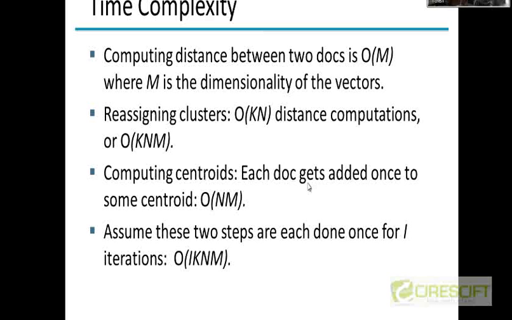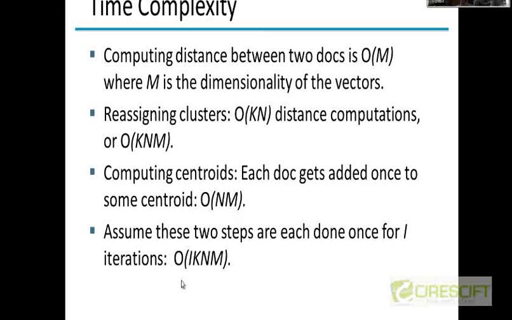And every time a document is added to some other, existing sum, the time taken will be big O of m, time to add two vectors. And since each document is going to get added once, the total time will be n times m, because there are n documents and each of them will be added once to some centroid, and when they are added the time is O of m.